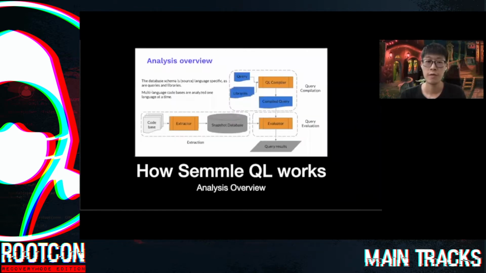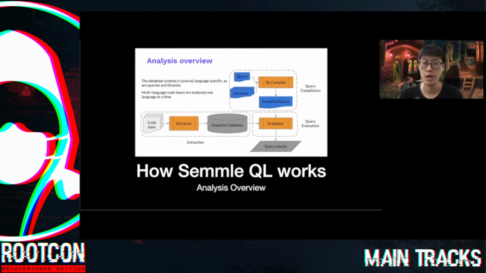This is a brief overview of how CodeQL handles both extraction and evaluation. As you can see, a code base is extracted by proprietary extractors and stored as a snapshot database. Each database contains one, queryable data extracted from the code base for a single language at a particular point of time, which means that if a code base contains multiple languages, you can have a database for each language.